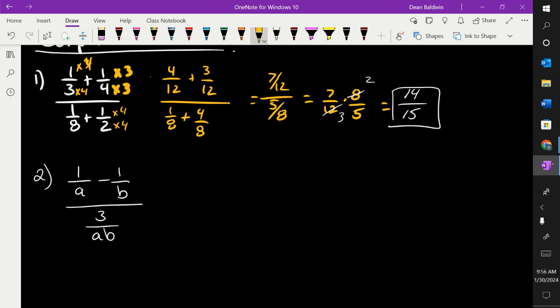So I multiply this one by A on top and bottom, and this one by B on top and bottom. Why do you multiply top and bottom by the same number? Because it's 1, right? 3 over 3 is 1. 4 over 4 is 1. And if you multiply by 1, it doesn't change anything. That's why you do it. So we get B minus A over AB, over 3 over AB.